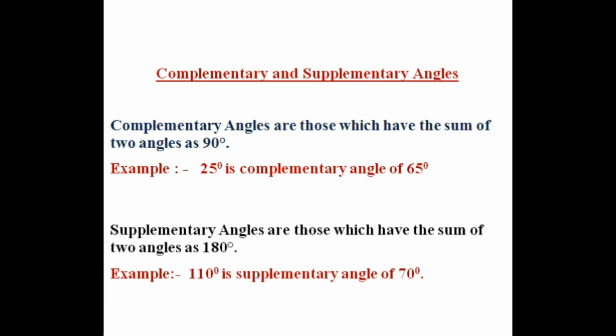That means both added, exactly 180. 110 plus 70 is 180. Therefore 110 and 70 degree are called supplementary angles. Clear?